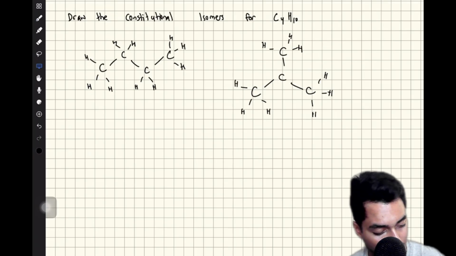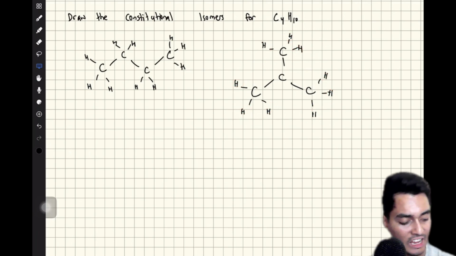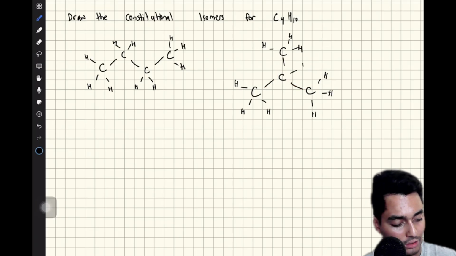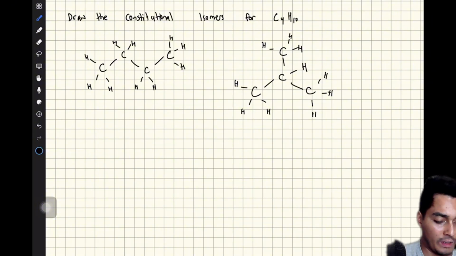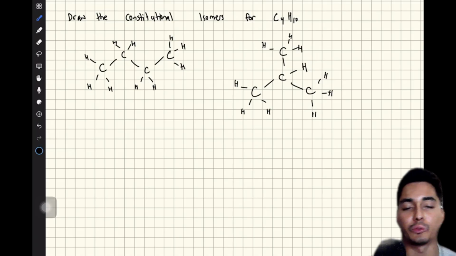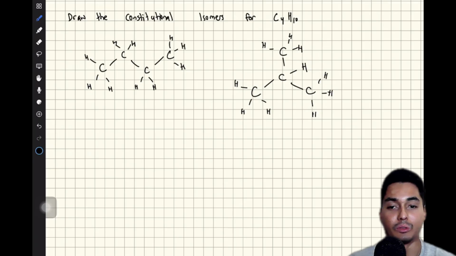Let's count our H's. 1, 2, 3, 4, 5, 6, 7, 8, 9. Oh dear, we're missing another H. And that's because we need to have a total of 4 bonds to this carbon. So we're going to fill that in with this H right there. So that is 2 isomers for C4H10. And as a matter of fact, this is all the isomers we have for C4H10. Okay, this is going to be butane and isobutane.